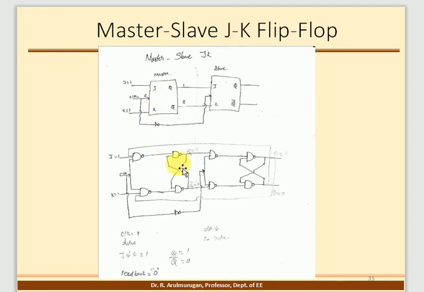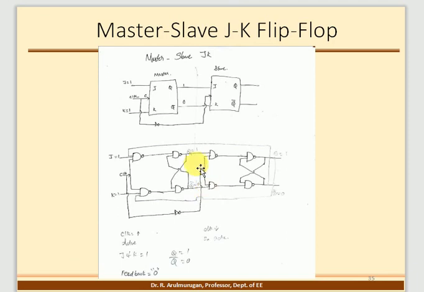The same thing, you draw the circuit diagram. First draw the master flip-flop with NAND gates 1, 2, 3, 4. The first NAND gate has three terminals. Then it is followed by the second flip-flop, which you connect there too, 1, 2.